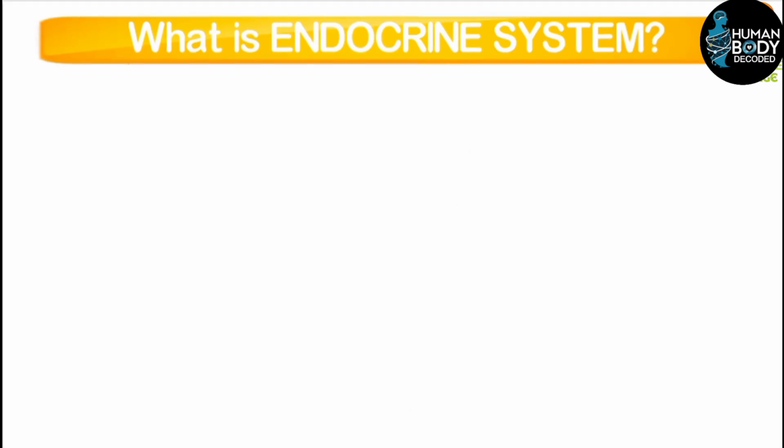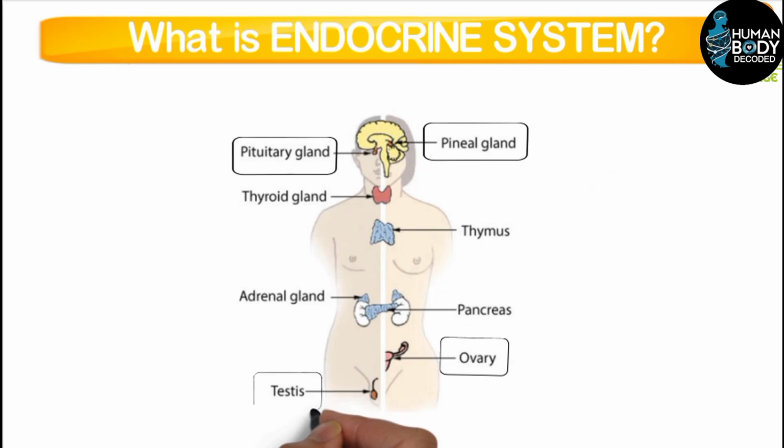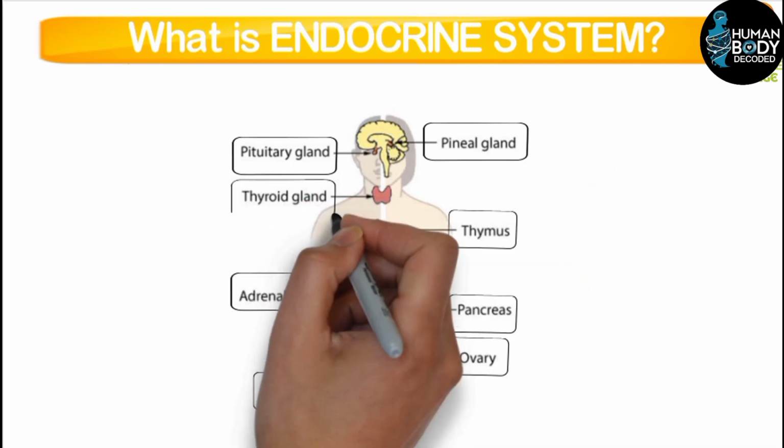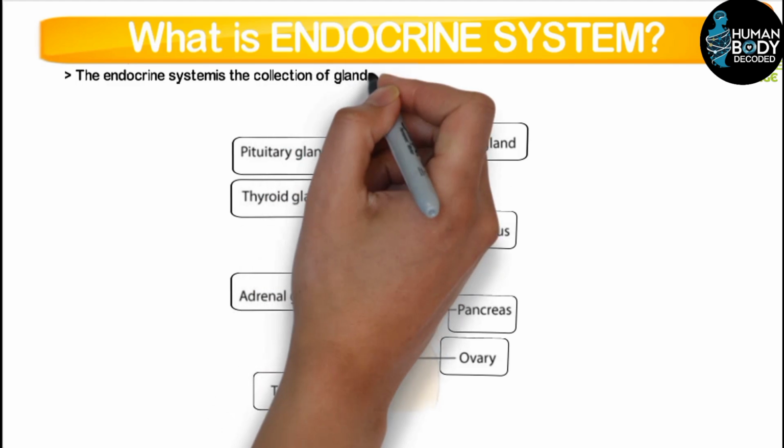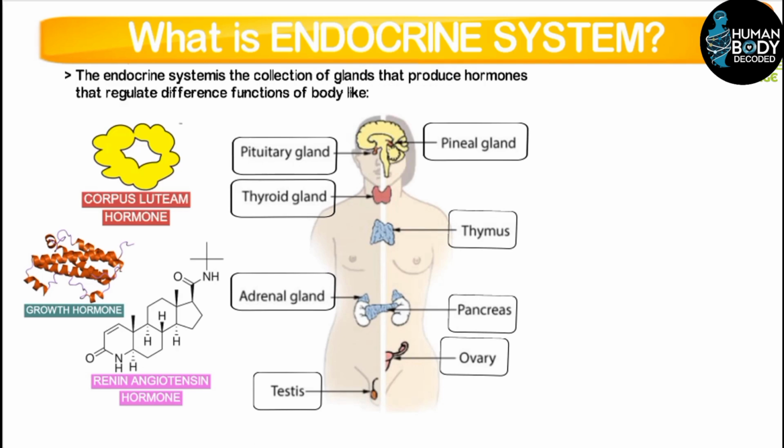What is the endocrine system? Students, the endocrine system is a collection of glands in our body, in which all these glands produce different hormones.